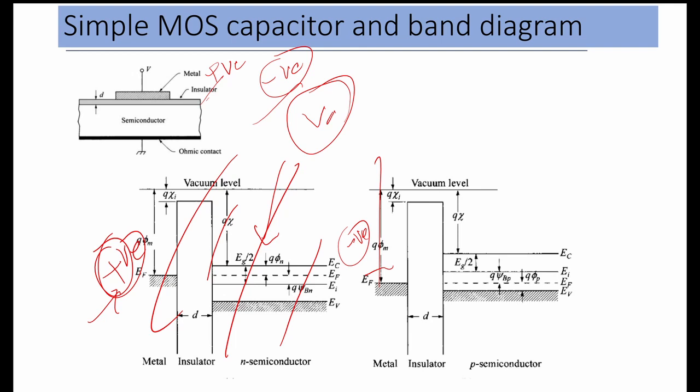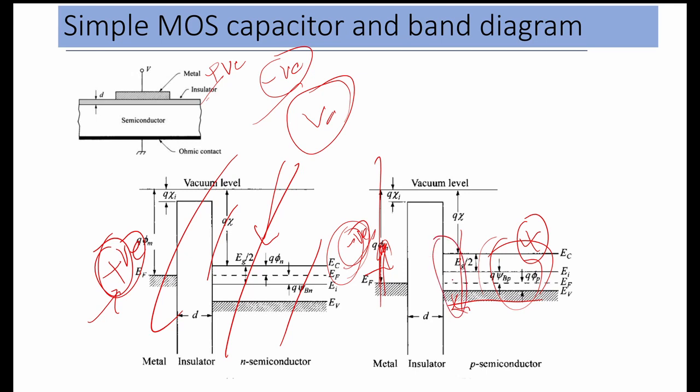If we apply the negative potential, it will raise the Fermi level of the metal; this band will go up and this will go down. With the negative voltage, the positive holes in the semiconductor will be attracted towards the junction.